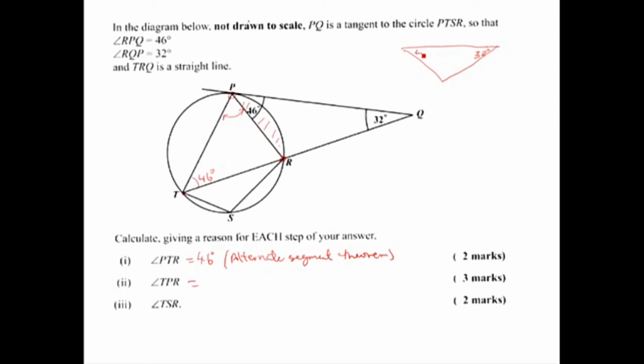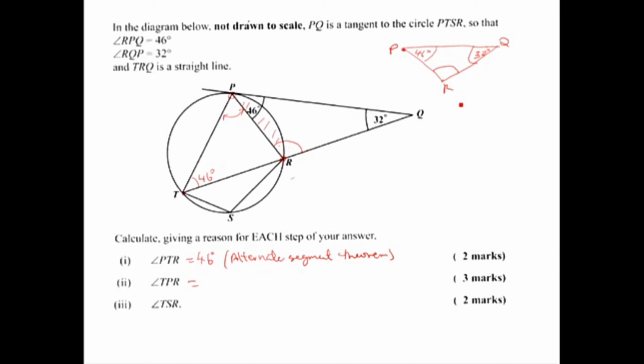This one is 46 degrees. This is P. That's Q. And this is R down here. I can find this angle in it. How do I find this angle? The angles in a triangle add up to 180 degrees. So I can find this angle here, right down here. Follow me?